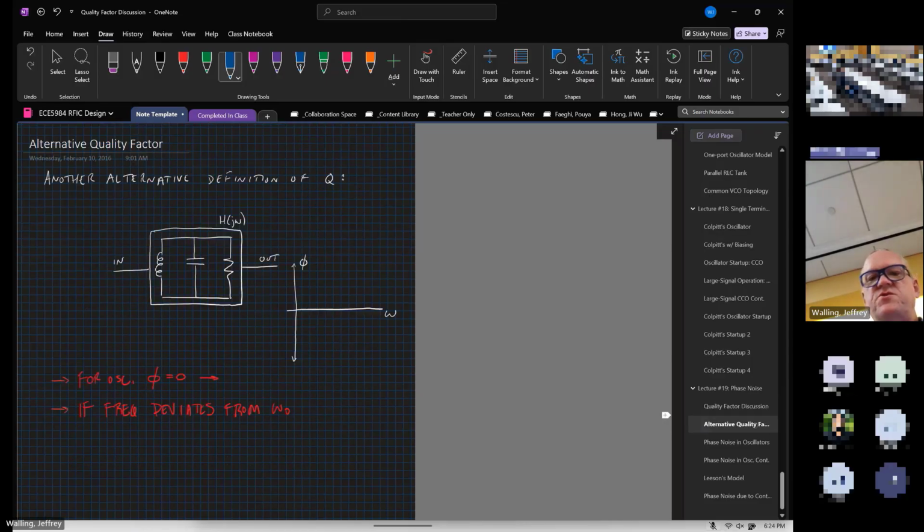And we have another definition of quality factor that we can use. Sometimes it's easier to find one of these than the other, so that's why it's handy to know more than one of them.